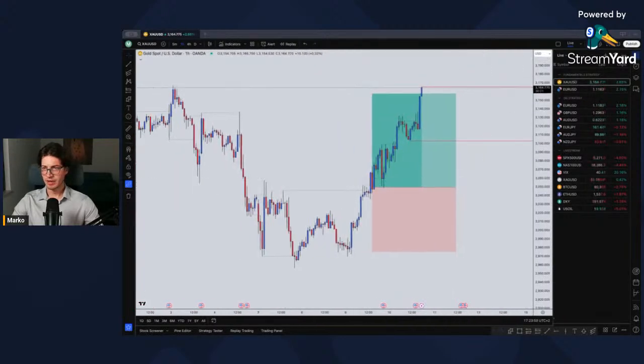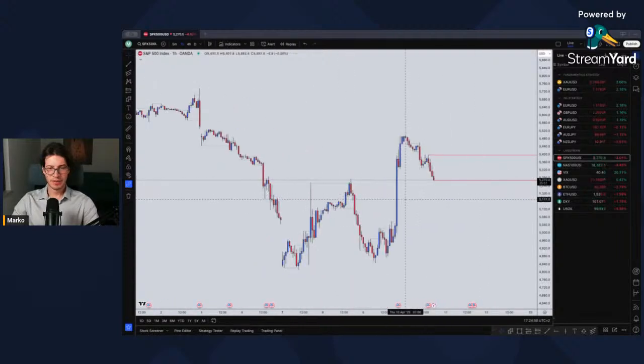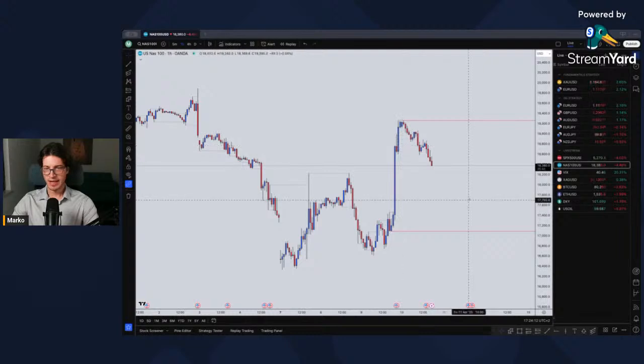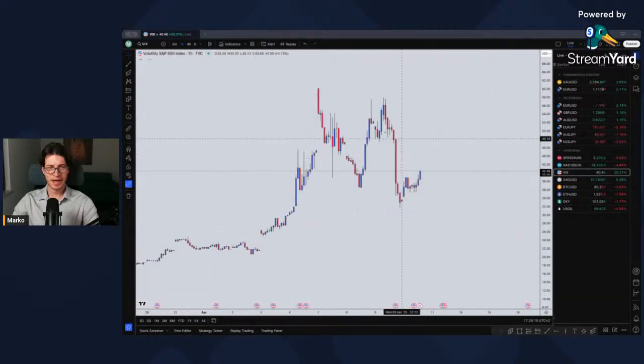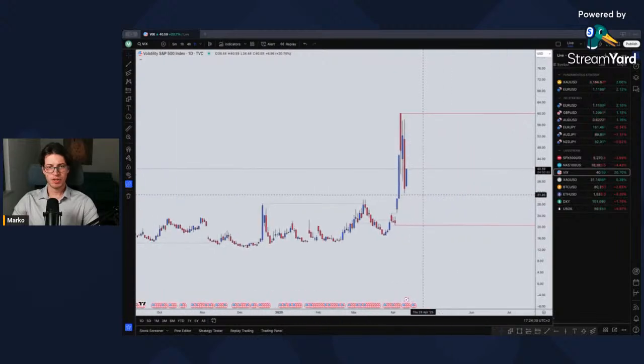Pretty interesting market environment. As I mentioned, stocks selling off like crazy, but then you had the tweet from Trump, massive reaction. Nasdaq, same thing. VIX is actually going down, if I'm not mistaken. Yeah, going down a little bit. What you need to know about the VIX is that it measures the volatility of the S&P 500.